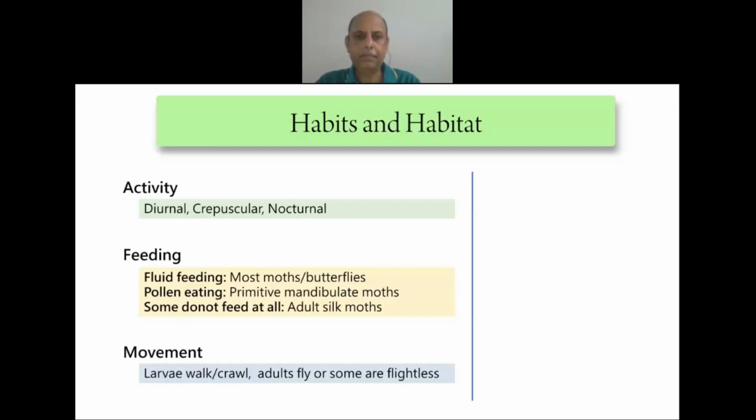Okay, habits and habitat. When we talk about habits and habitat, we can link their life history attributes such as activity. First, moth activity can be diurnal, crepuscular, and nocturnal. Diurnal means they fly during the daytime.